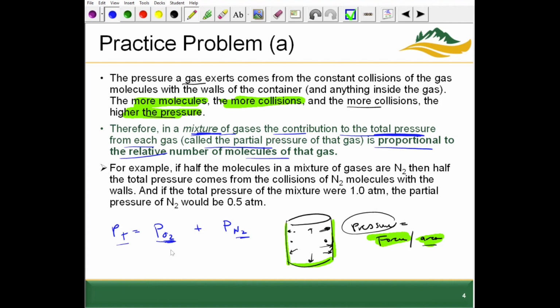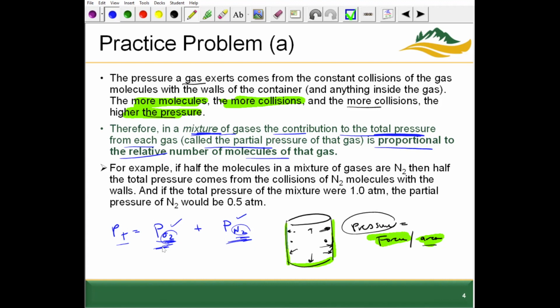The more oxygen molecules there are, the more pressure exerted from the oxygen molecules. Similarly, the more nitrogen molecules there are exerting pressure, that's going to increase the pressure exerted by the nitrogen gas molecules specifically.